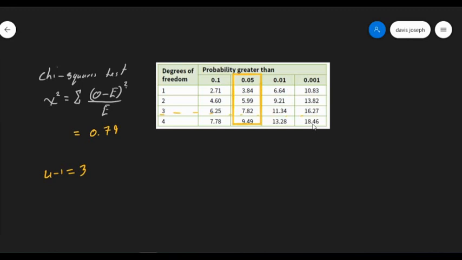Any value that is to the right of this, that is, lower than this, means that the difference between our observed and our expected values is significant. And any value that is greater than 0.05 would mean that it is insignificant.